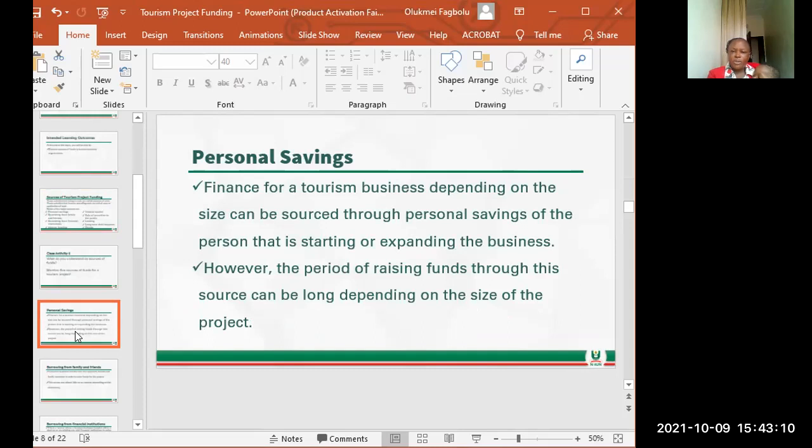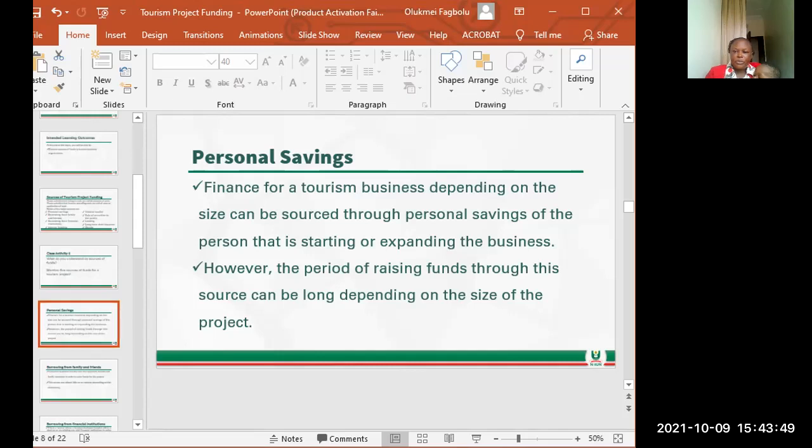Finance for a tourism business, depending on the size, can be sourced through what? Personal savings. When we say personal savings, that is the money you are able to save by yourself, maybe from your present employment or salary, maybe from any income that you are having, maybe from money people give you, or you do one business and you make some profit and you are saving, having it in mind that you are going to start a particular business very soon.